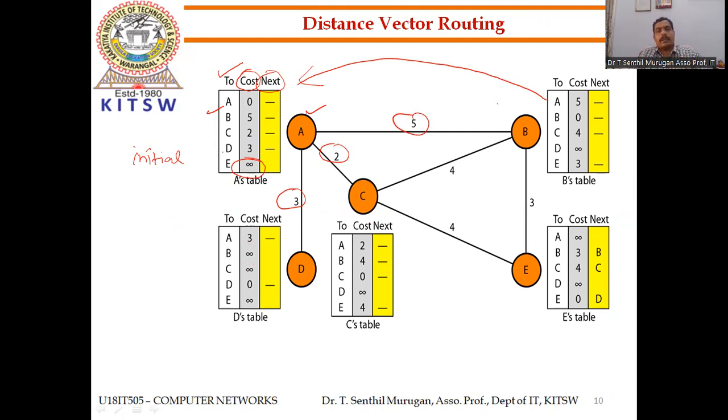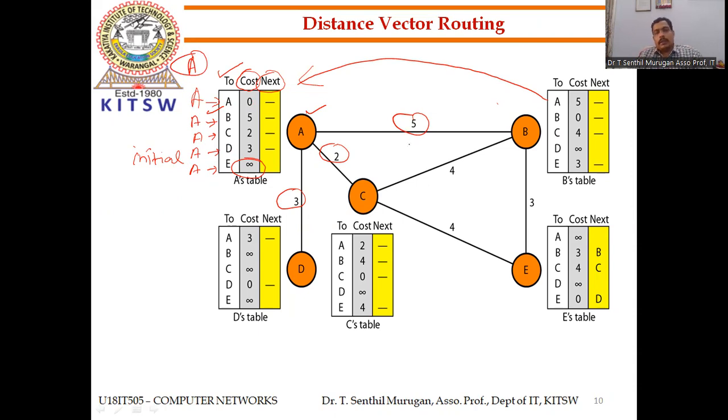It will compare the distances also, with the available values. A to A, no need. A to B, A to C, A to D, A to E, like this you can consider, because this is the routing table of A.